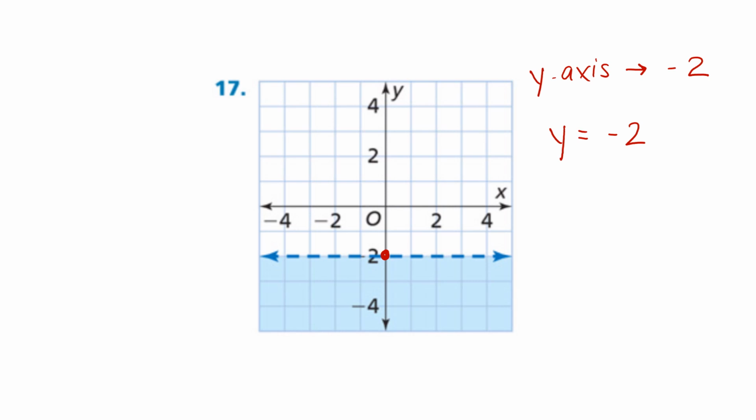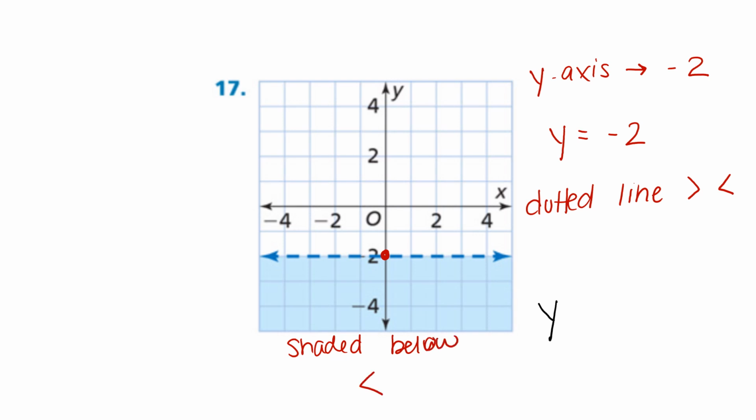Because it is a dotted line, it means we're going to use either the greater than or less than symbol. It will not include the equal to sign. Because the graph is shaded below, it means that we want to use the less than symbol. So our final answer would be y is less than -2.